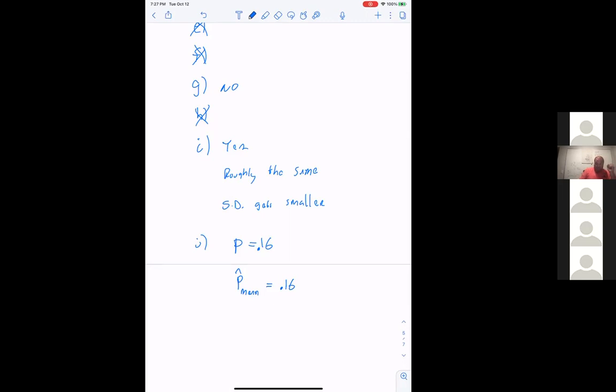Now, what is the standard deviation of p hats? What is p hat standard deviation equal to? I gave you this formula last time, I think. What's the formula for the standard deviation of p hat?